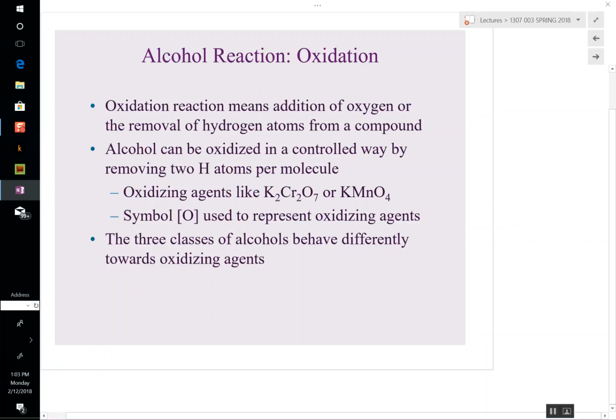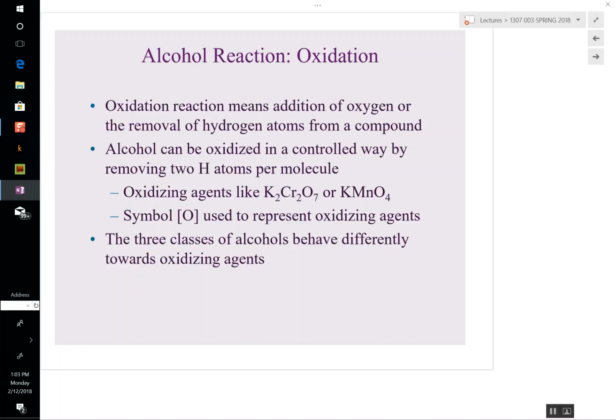Okay, now let's dive into oxidation. So we've gone through how to prepare it. Hydration of a carbon-carbon double bond makes an alcohol. Hydrogenation of a carbon-oxygen double bond creates an alcohol. How do alcohols react? We're going to go into oxidation.